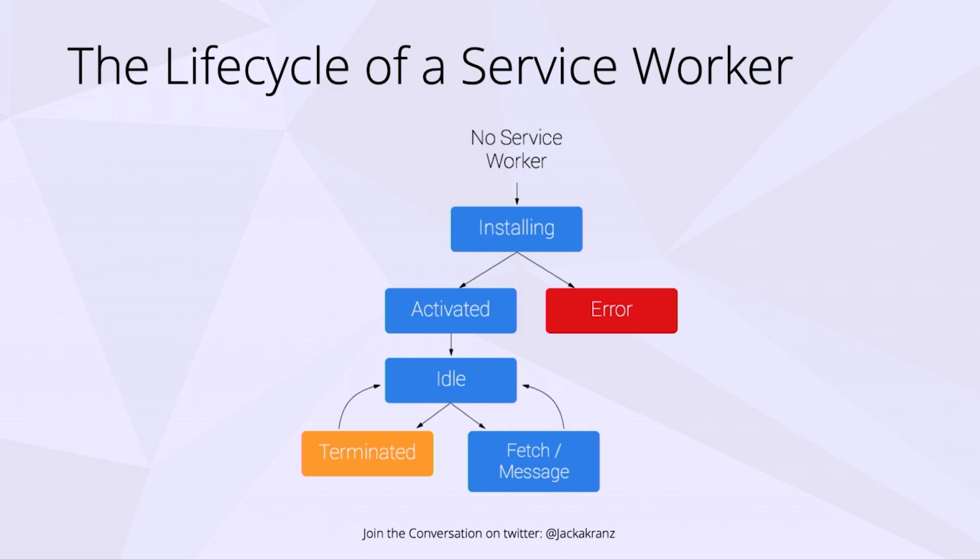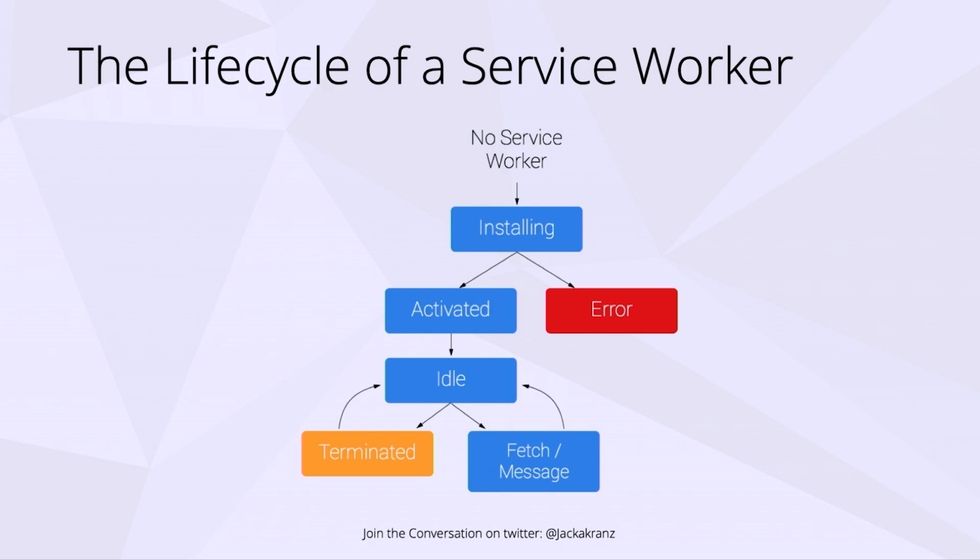Essentially, when you don't have one, there's no service worker, then your browser will install it. If there's no errors in your code, it'll go into an activated state, and then it will sit in an idle state until a fetch request or a message comes through. A message is another API we use to communicate between the service worker and any code running in our web app.